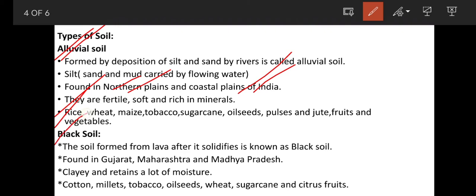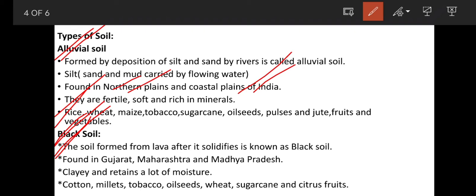Next, we will discuss black soil. This is another type of soil, that is black soil. What do you mean by black soil? The soil which is formed from lava after it solidifies is known as black soil.